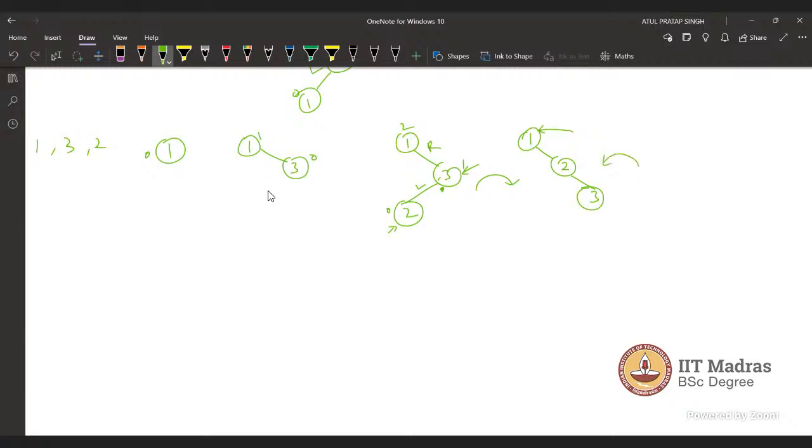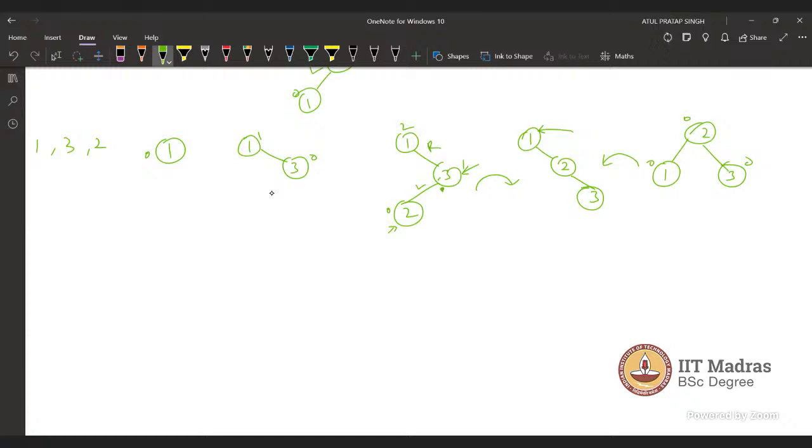This time the rotation is anti-clockwise. So 2, 1, and 3. After two rotations, it becomes balanced, all 0, 0, 0. So this is the third type of rotation.